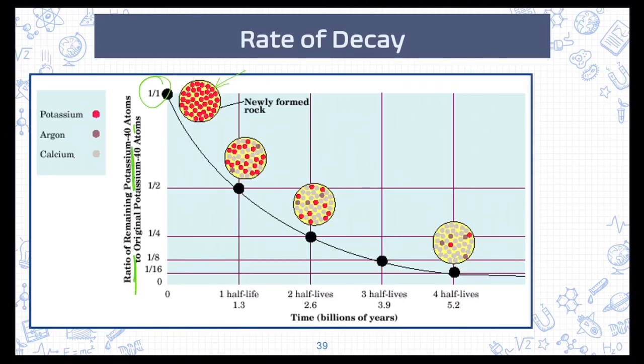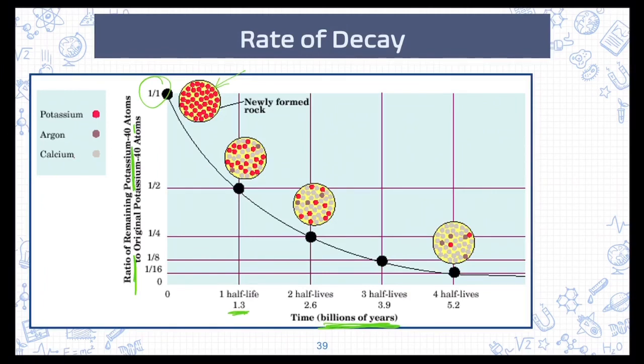After 1 half-life, take a look at the amount of time in 1 half-life for potassium-40. It's 1.3 billion years. That's a really long half-life. That's a very stable isotope. It's still radioactive. It's still undergoing nuclear decay, but because of that long half-life, it's considered a more stable isotope.